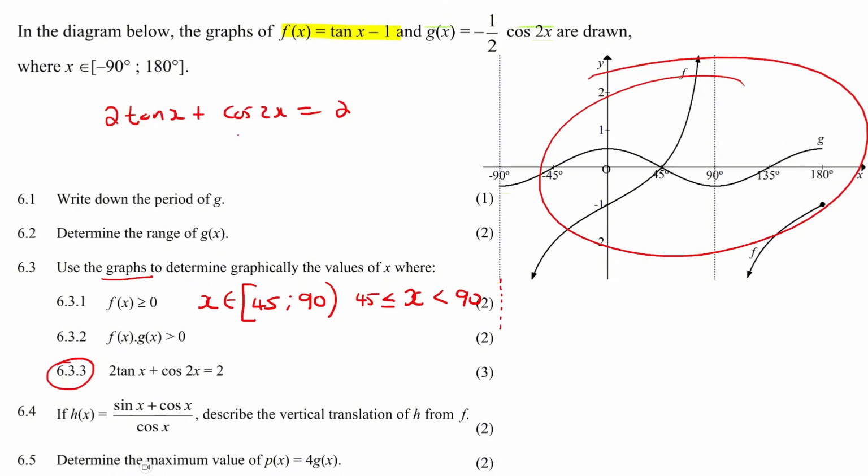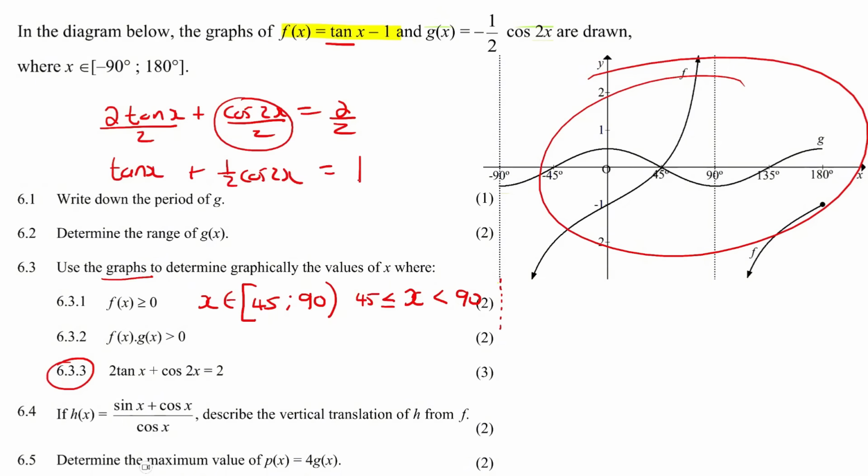Okay. So the first thing is, here we have a tan, but here we have a 2. And here we have a cos, but here we had a half cos. So I can immediately see if I divide everything by 2, that would be a good start, because then I get tan and then I get a half cos 2x, and then here we're going to get 1.